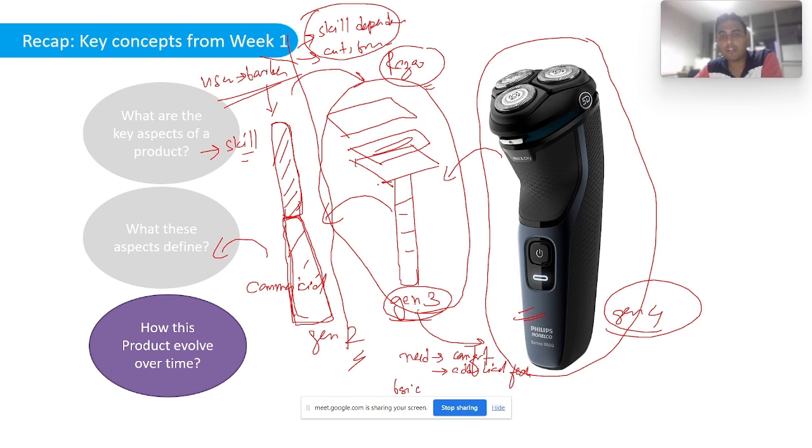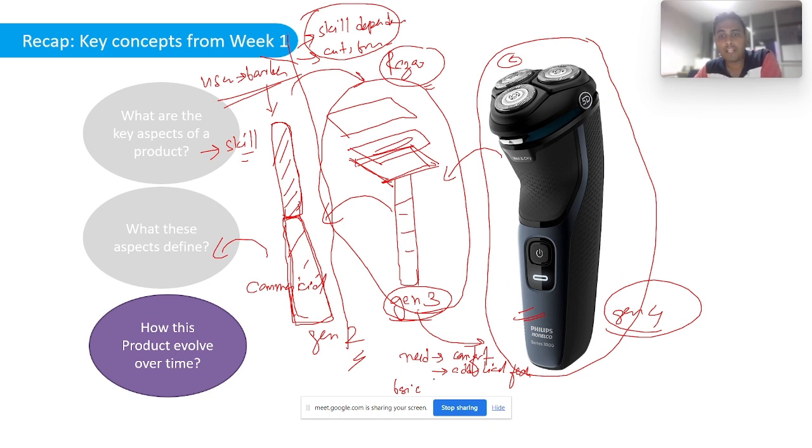For example, because of this particular shape, it may be difficult to access some portions of the face, such as curved surfaces. Since we have something more like uniform rotating blades, this is much easier for someone to access the inner parts of the face. And probably the same blade can also be used for other parts of the body. People can use this for hair on the legs.